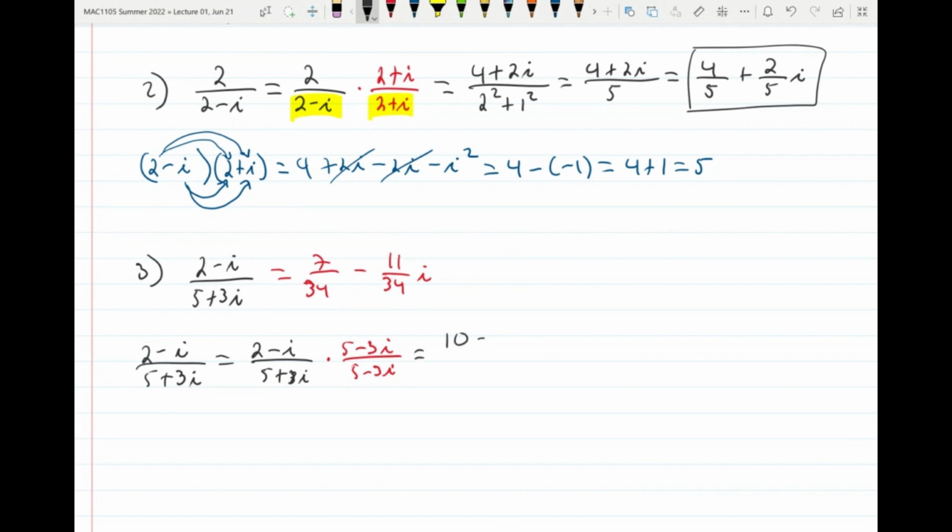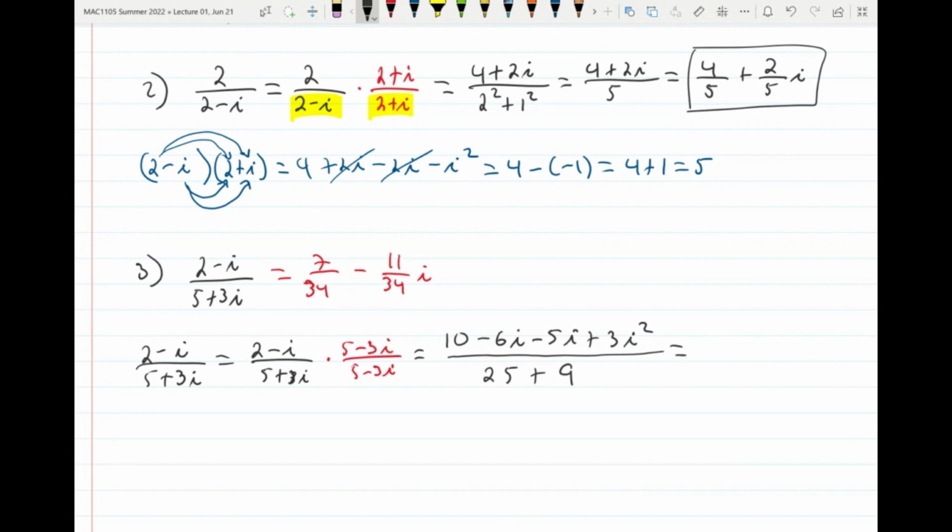Okay, so now we carry out the product on top, we just distribute. So that's 10 minus 6i minus 5i plus 3i squared. And then in the bottom is the product of conjugates, so it's going to be 25 plus 9, right? 5 squared plus 3 squared. All right, so now just simplify.